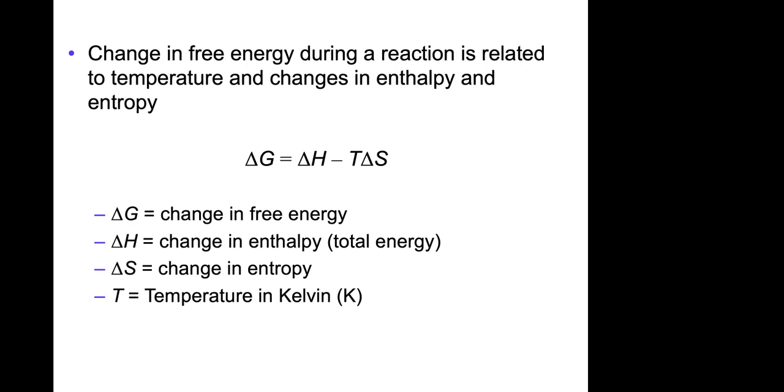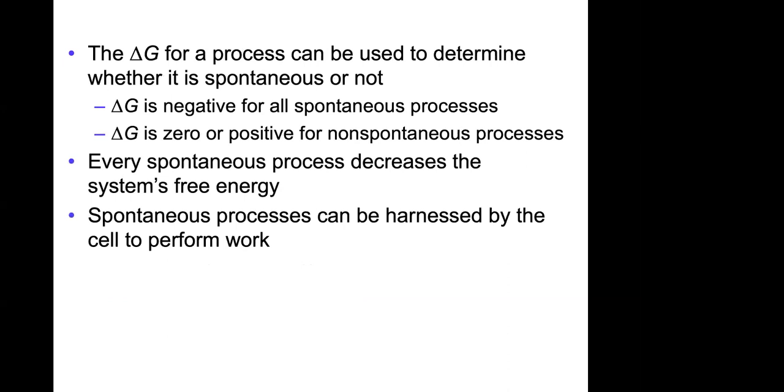So in order to figure out the change in free energy, you would take the change in enthalpy, which is your total energy, and subtract the temperature in Kelvin times the change in entropy, which is delta S. And that would equal the change in free energy. The change in free energy for a process can be used to determine whether it is spontaneous or not.